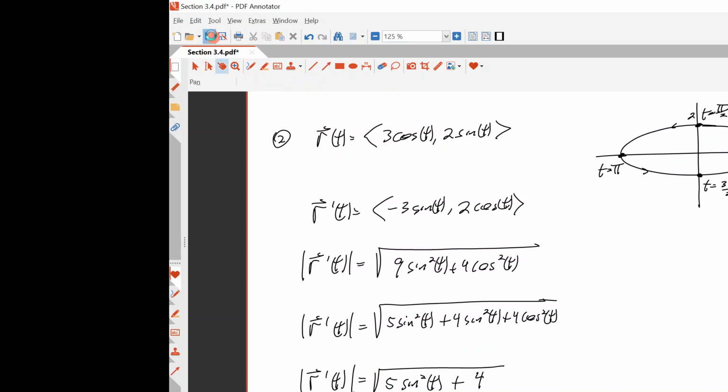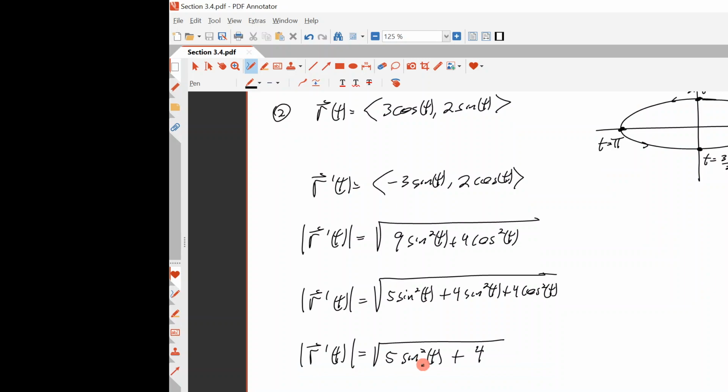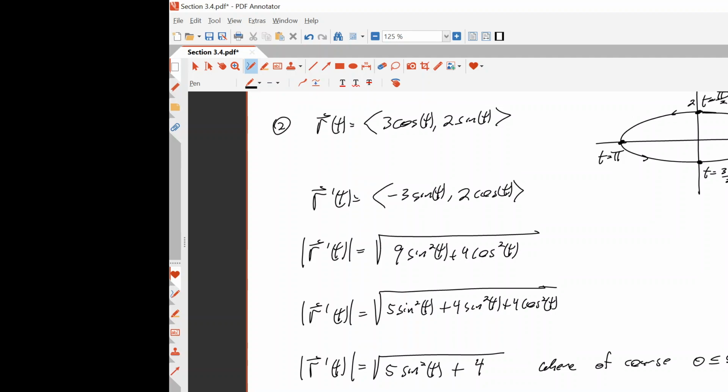All right, so where along the ellipse is the speed the fastest, and where is the speed the slowest? Well, sine is between -1 and 1. So sine squared is between 0 and 1, because when you square it, it becomes positive. Where is sine equal to 0?